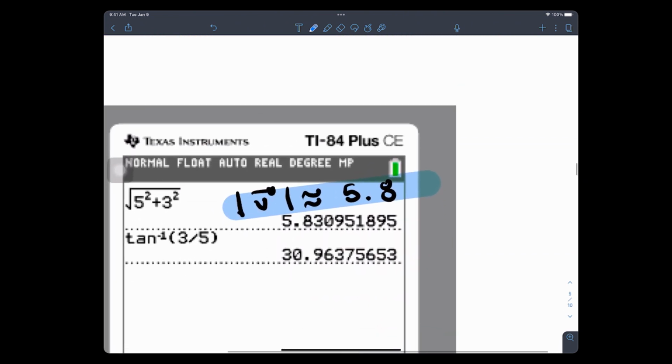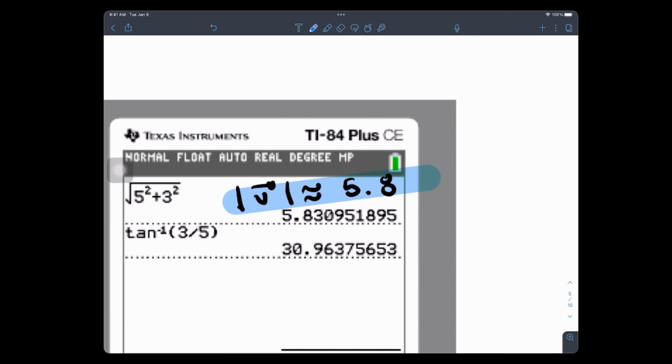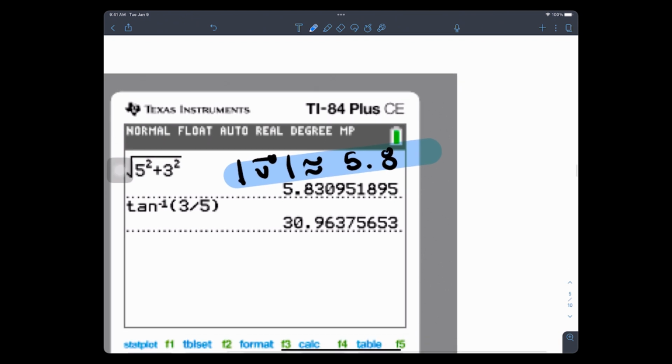So if we go out to the nearest degree, what does theta have to be? Did you guys see that in the calculator I have here? Theta is 31 degrees, ladies and gentlemen.